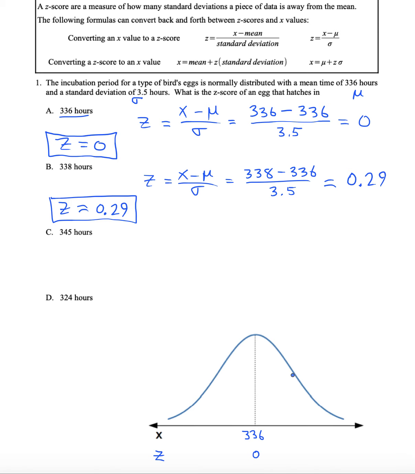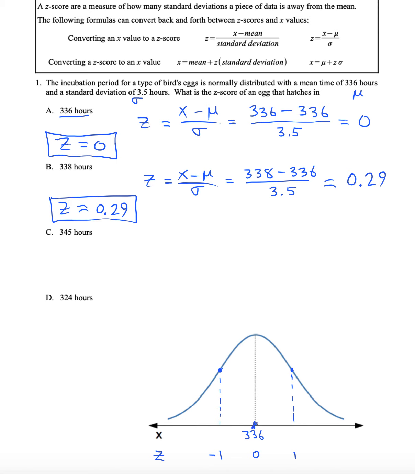All right, so where does this occur? Well, our first standard deviation above the mean will happen at the inflection point of the curve. That's where the curve goes straight for just an instant. So we expect to see a z of positive 1 there and a z of negative 1 there.